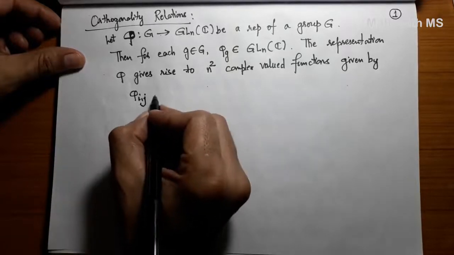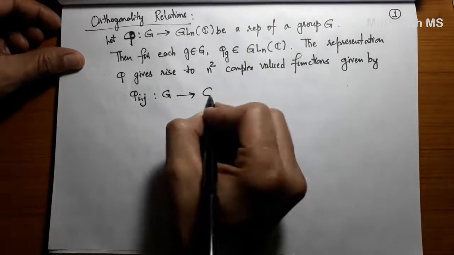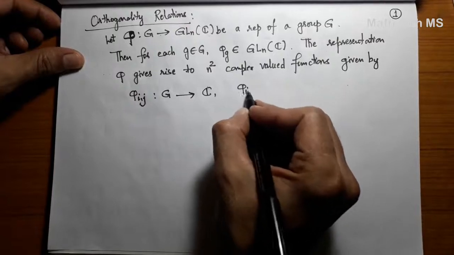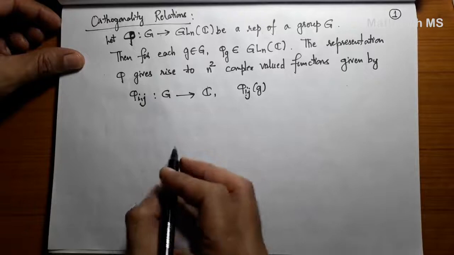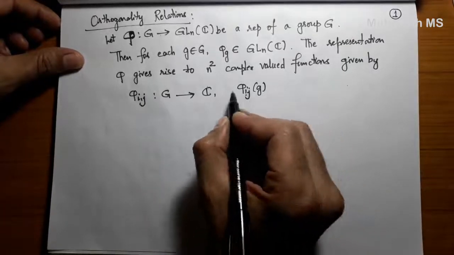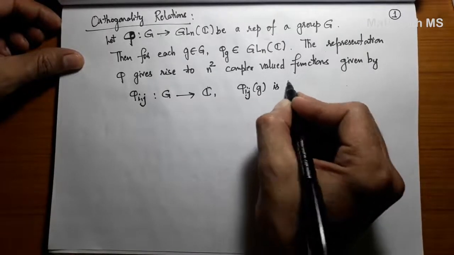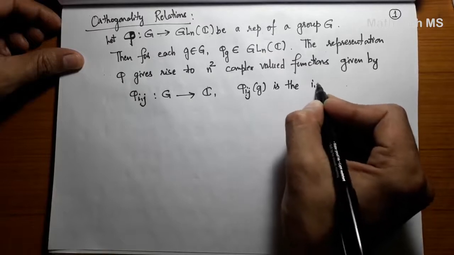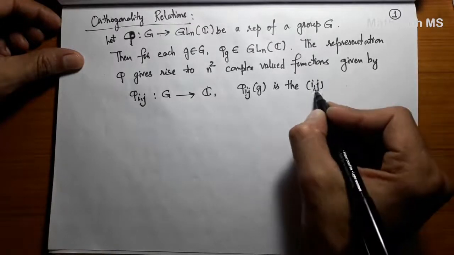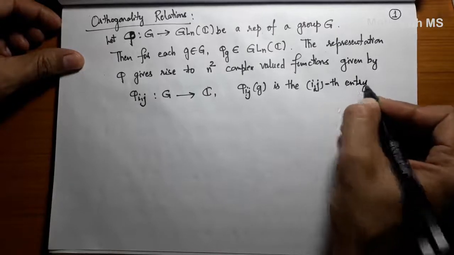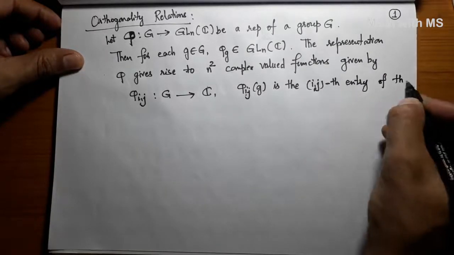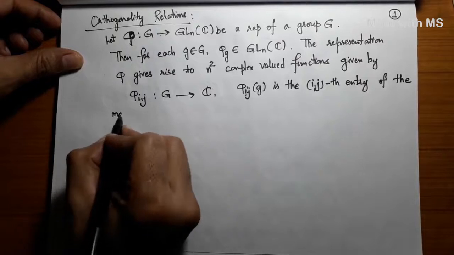So what does it do? It goes from G to C, and phi_ij of a group element g is the ijth entry of the matrix phi(g), the ith row, jth column entry.